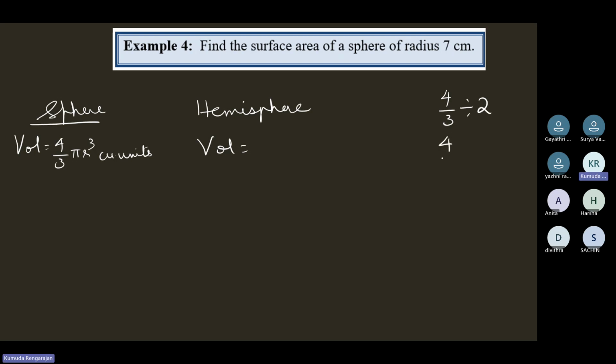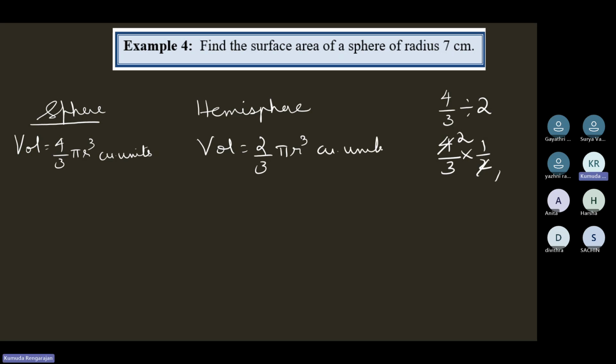So it'll be 4 by 3 into 1 by 2. Hemisphere, half of a sphere. So 2 ones are 2s are. So 2 by 3 pi r cubed cubic units.